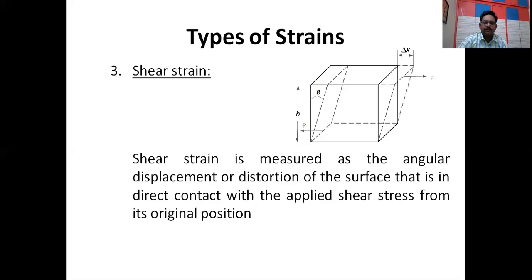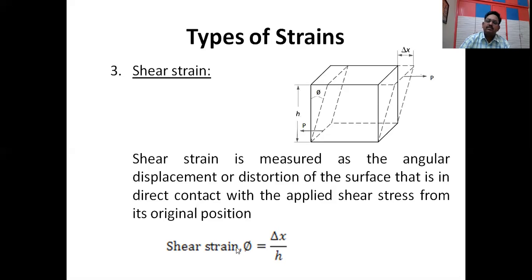Therefore, shear strain is nothing but phi. If you want to calculate it, for example, this is delta x and this height is h. If you take tan theta as opposite by adjacent, then tan phi is equal to delta x by h.